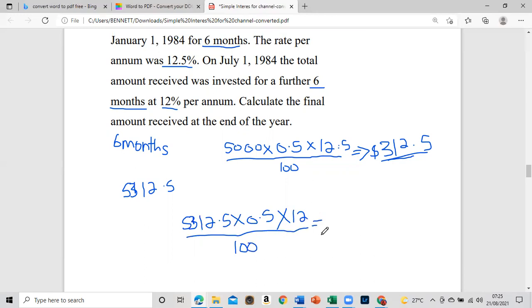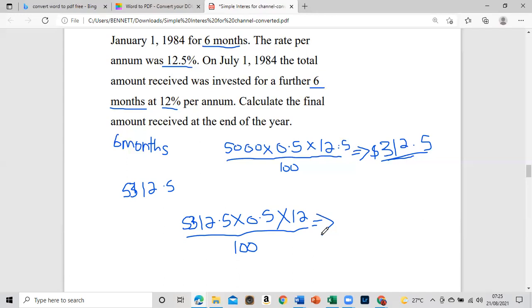All right. So my question now. So it's 5,312.5 times 0.5 times 12%. That's 31,875 divided by 100.